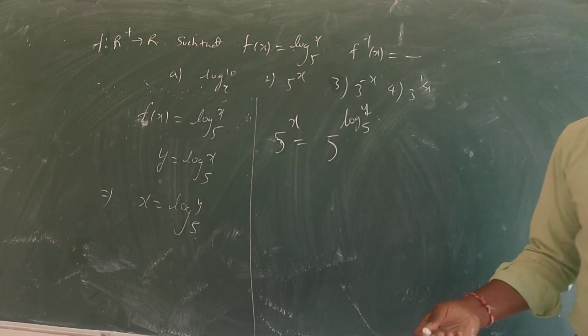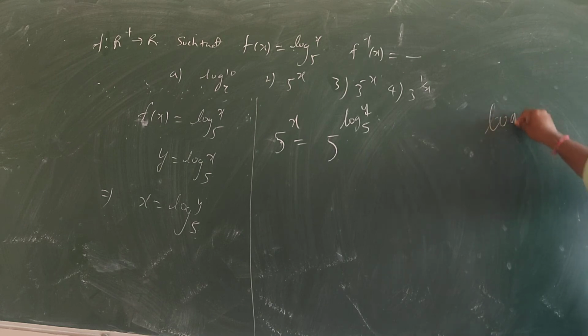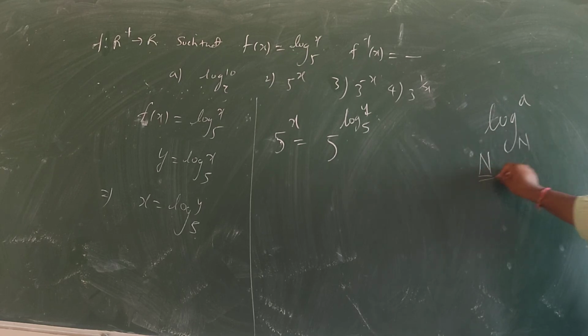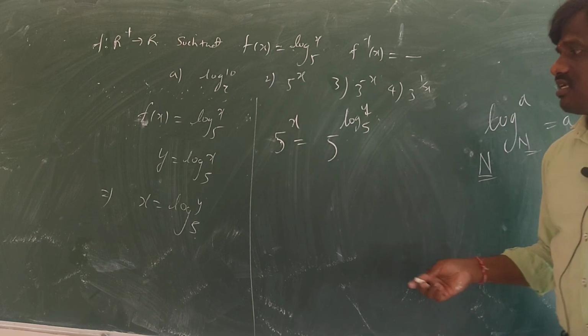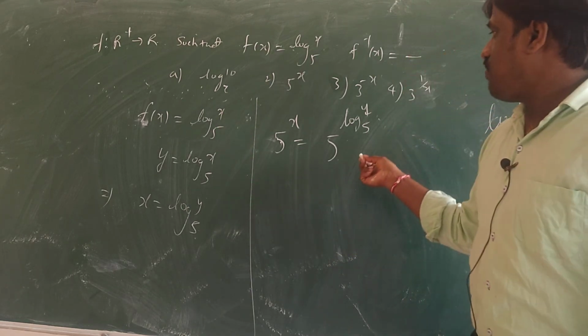You have to apply 5 exponential. The reason is, you know, log n with base n is a, so 5 power x is equal to 5 power log y.